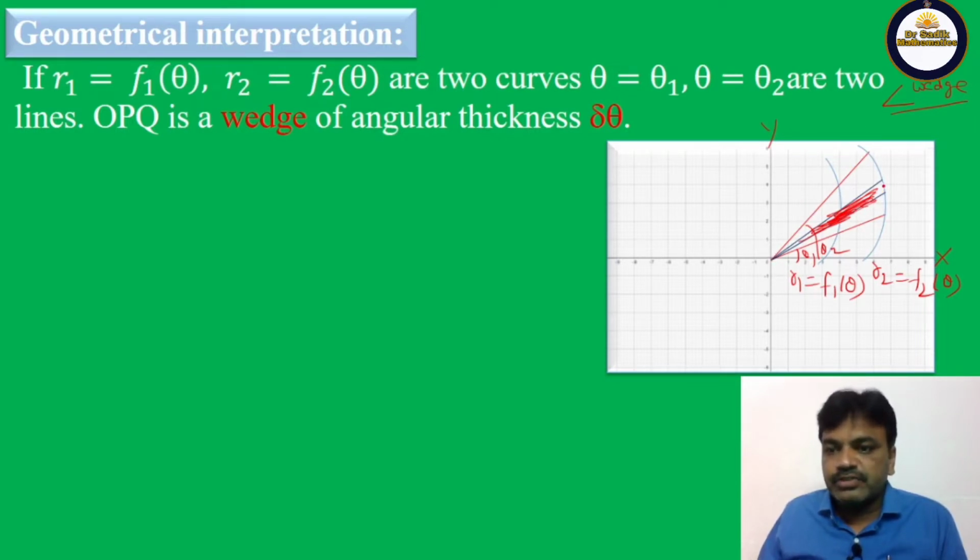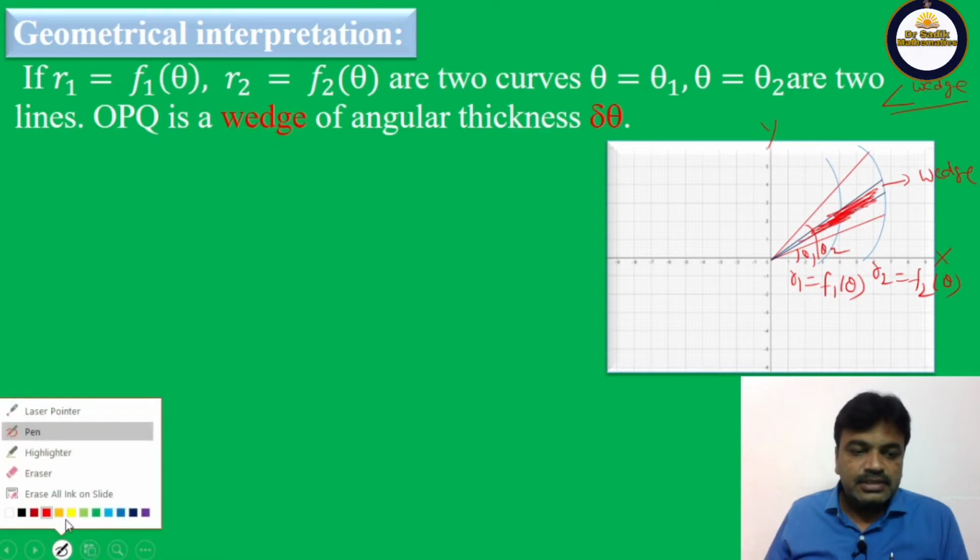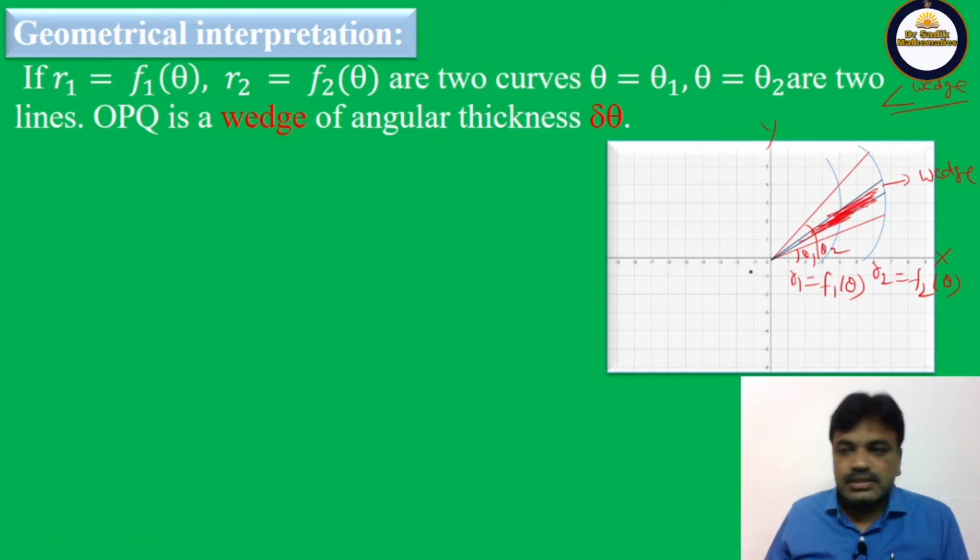This is called a wedge. What is the thickness here? Del theta.